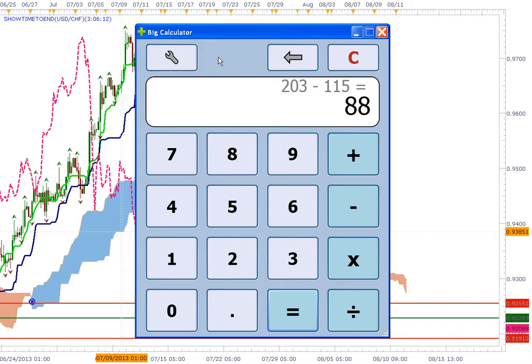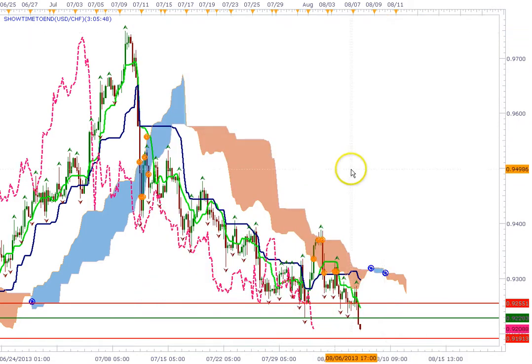If I don't feel really confident on a trade, I'm not going to risk a lot, and I'm not going to put a big 100 lots on there or something like that. You want to be smarter than that. All right, so there you see I made $88 on a $500 account, after losing 4 of 7 trades.